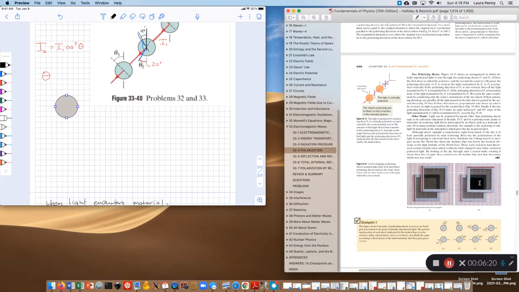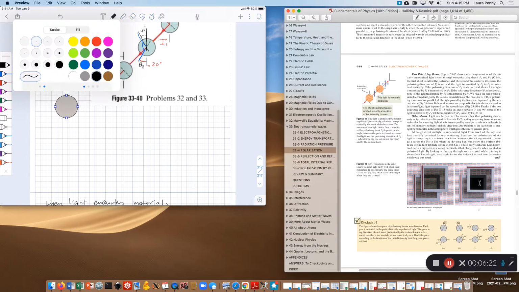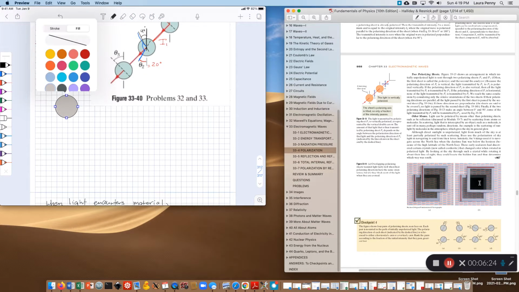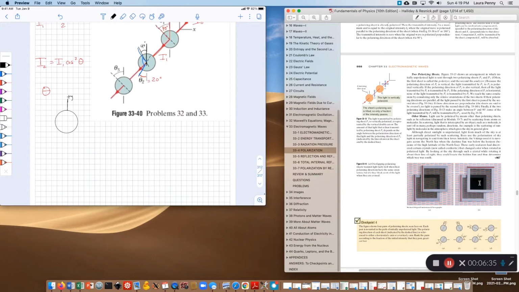polarizer again. So here's my positive y. My first polarizer made an angle of 40 degrees from the positive.